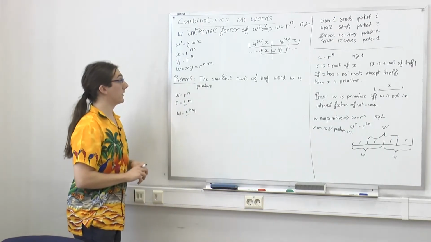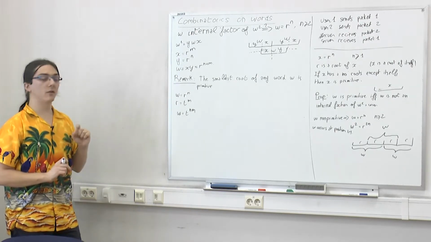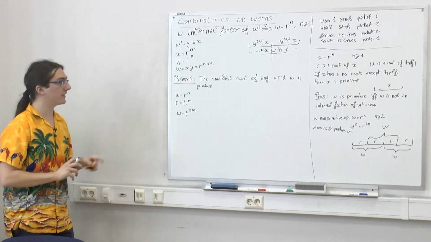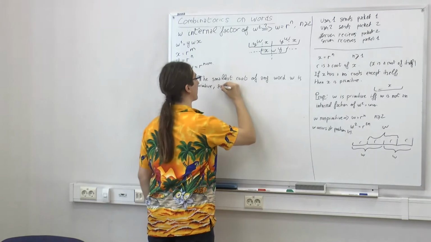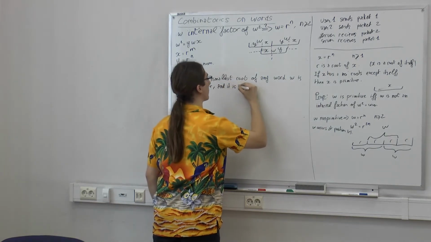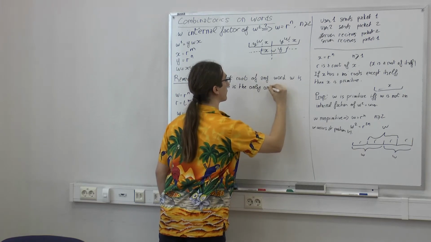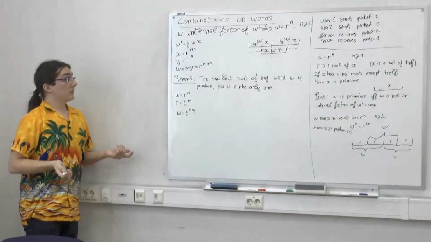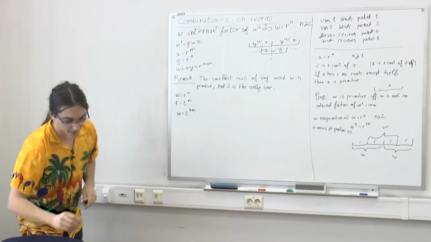The interesting thing is that it's if and only if. The smallest root is the only one which is primitive. I will skip exactly how you write this down.